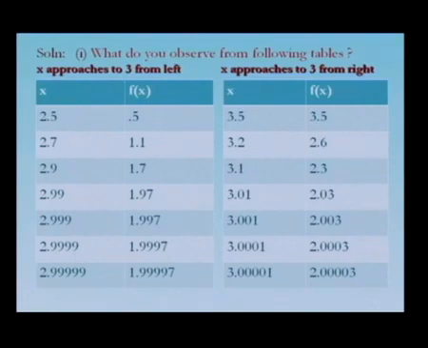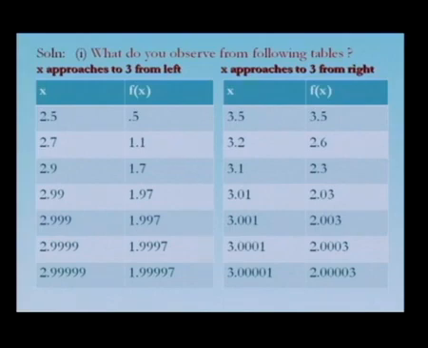When x becomes 3.1, f(x) becomes 2.3, and finally when x is very close to 3, that is when x is 3.00001, then f(x) becomes 2.00003. So this shows that when x is reaching towards 3 from the right hand side, f(x) is reaching towards 2.